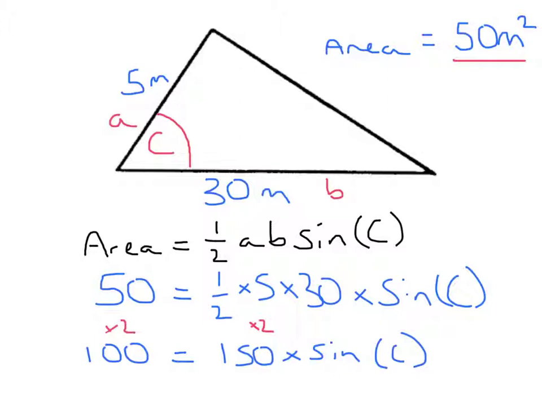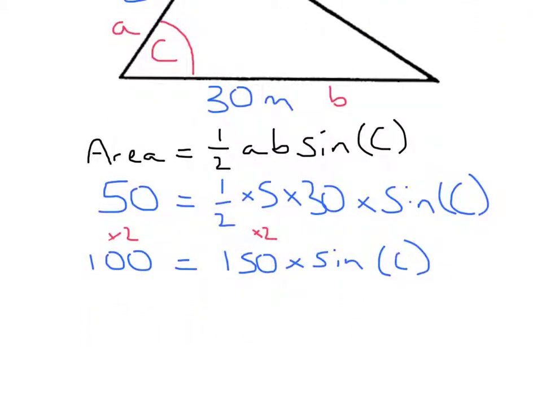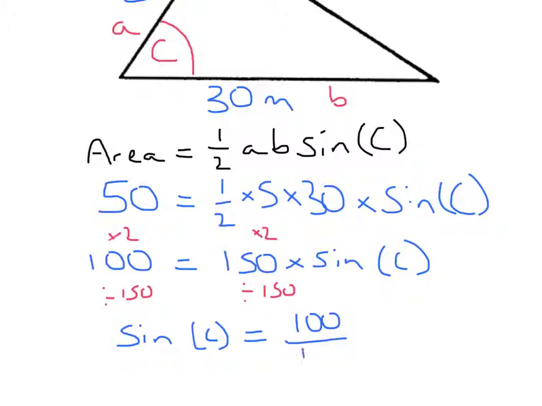And we want to get that sine C on its own, so we just rearrange it again. We divide both sides by 150. And so we're left with sine C equals 100 divided by 150, which is 2/3, or roughly 0.67.